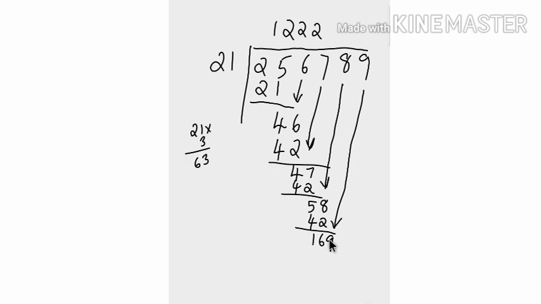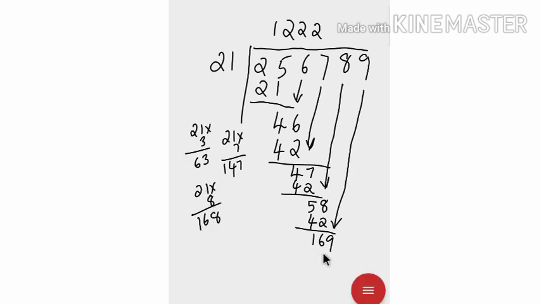Now how many 21s are there in 169? Let's check it with some examples. 21 into 7. 1 into 7, 7. 2 into 7, 14. 21 into 8. 1 into 8, 8. 2 into 8, 16. So 21 into 8 is 168.